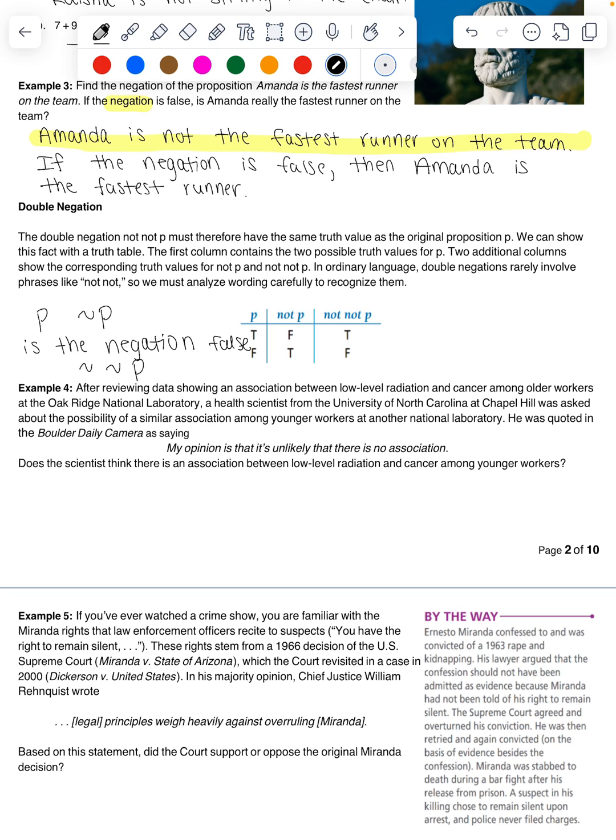So here is where we're looking at it. And as I said, we don't say not, but occasionally there will be statements that are designed to be fairly confusing. So in this case, we have "unlikely" and "no association."